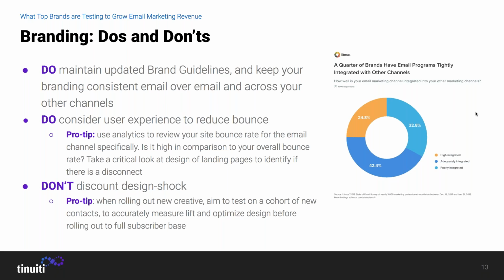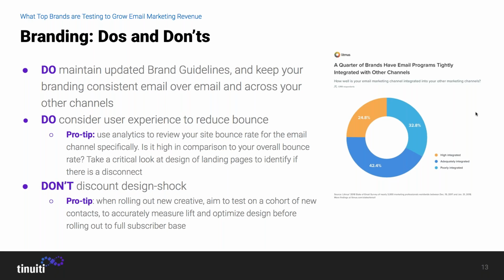One of the things that gets really exciting for a program is when you reach that level where it's time to elevate your brand. A lot of brands want to do that quickly. They want to roll out a brand new design, but you've also spent all of this really great time developing that relationship with your contacts, visually with your creatives, and you want to make sure that you aren't discounting all of that.